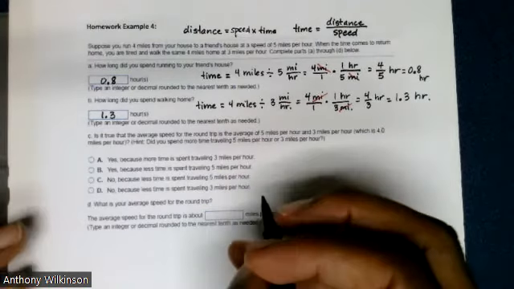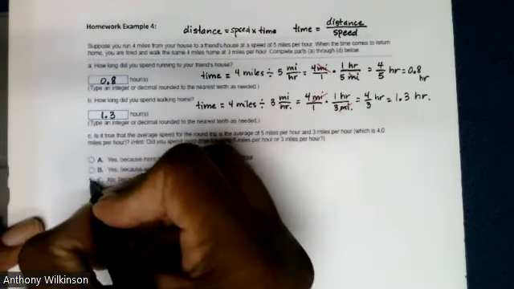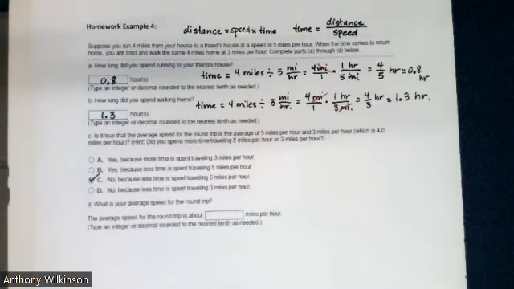So in this case, the answer to that question would be no, because less time is spent traveling at 5 miles per hour. So it's not true that the average speed for the round trip is the average of 5 miles per hour and 3 miles per hour, giving you 4.0 miles per hour.